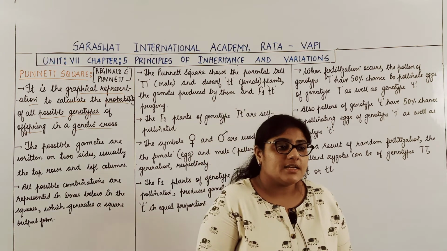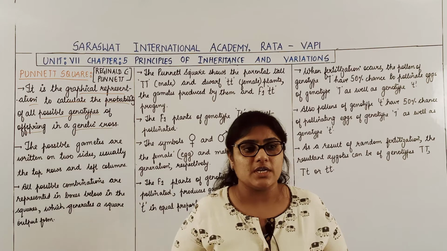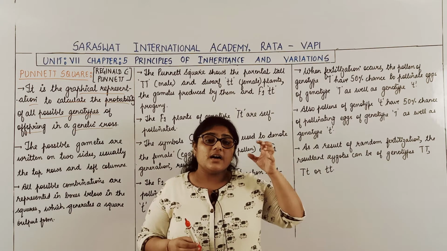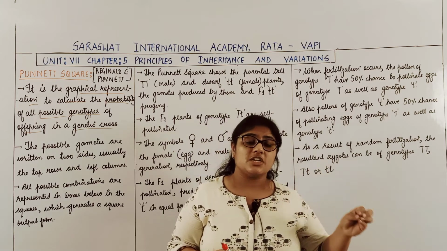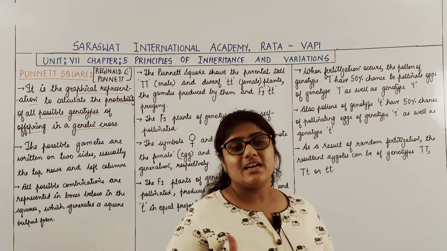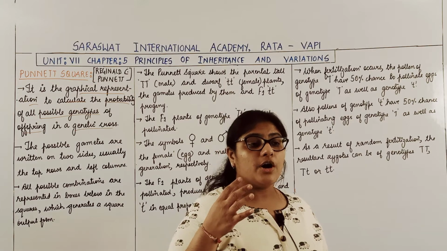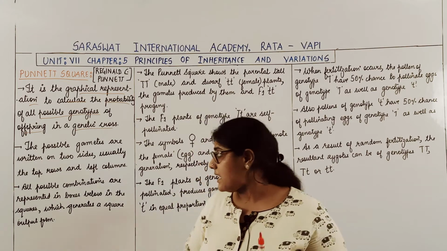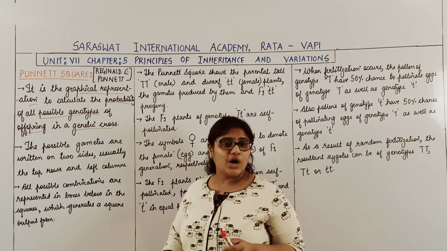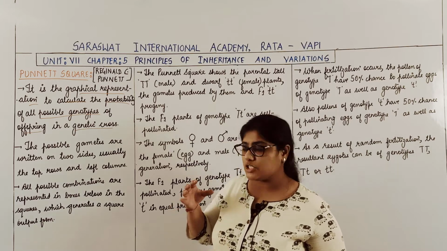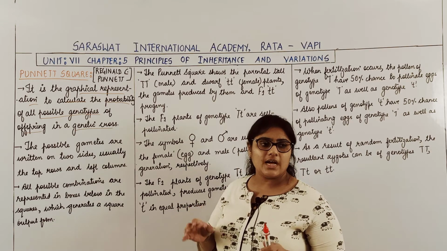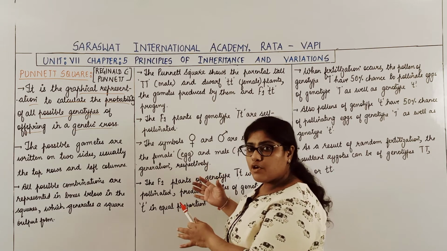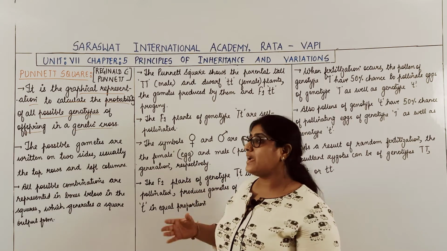So, basically to determine the genotypes of the offspring in the genetic cross, a graphical representation method is given, and that graphical representation is called the Punnett square. Now, how is this graphical representation done? Students, first of all, I'll explain it theoretically, and then we will study the formation of the Punnett square graphically.